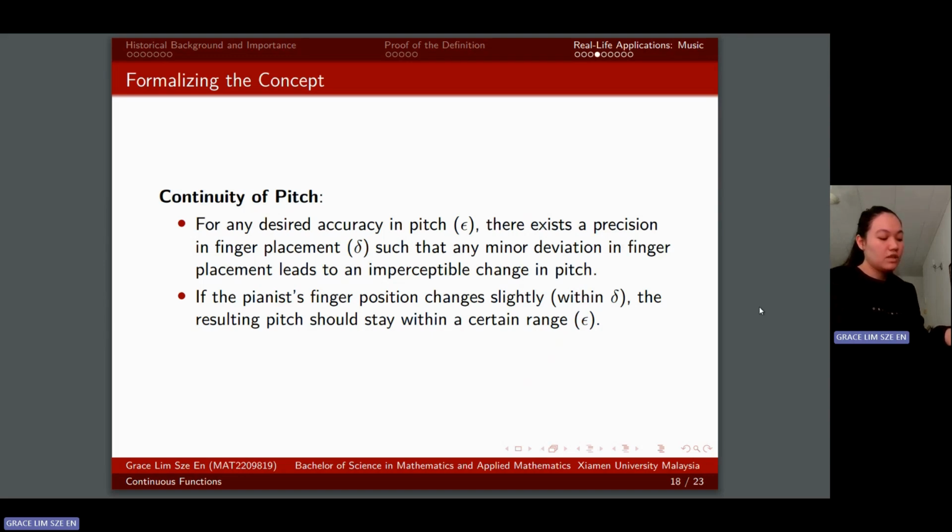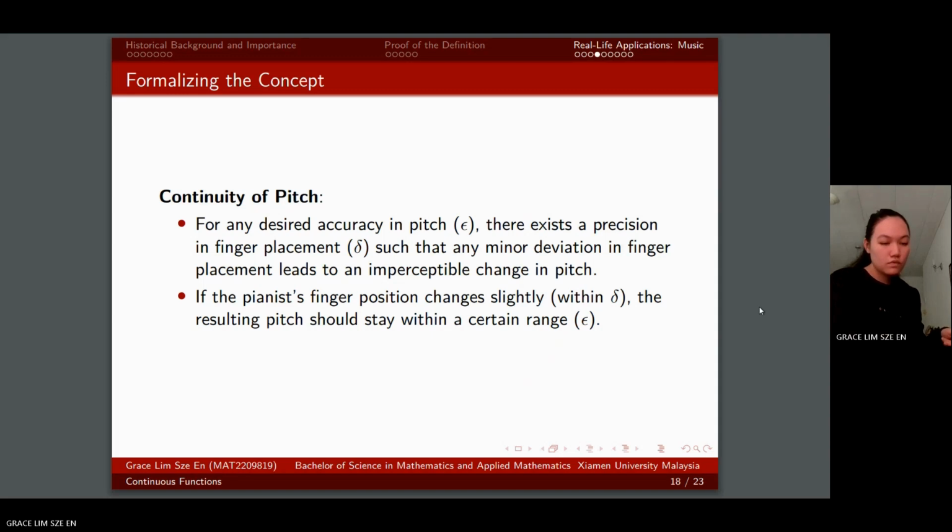So you can take the length of one key to be delta, and I have to stay within this delta in order for the pitch to not change. If I go beyond it, I'm going to change the pitch. So basically, if my finger position changes slightly, but still stays within delta, the resulting pitch is also going to stay within epsilon.